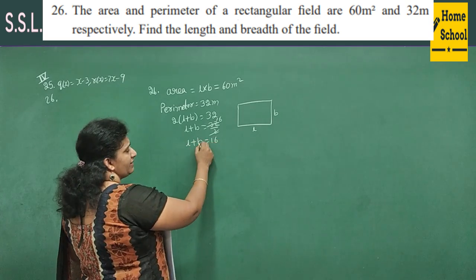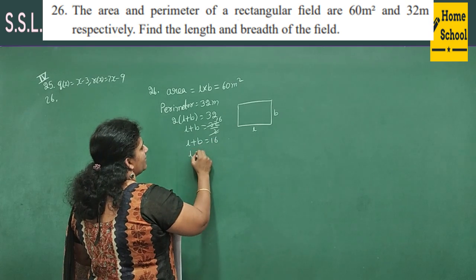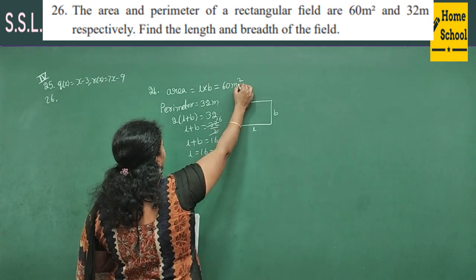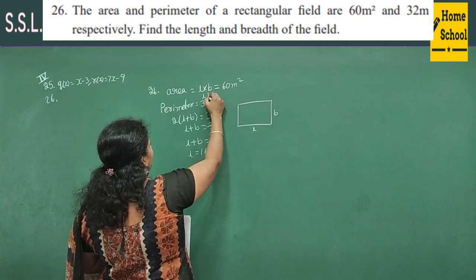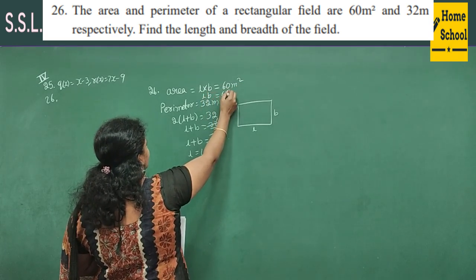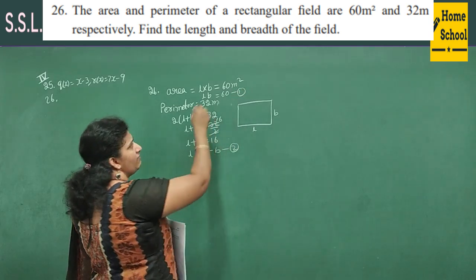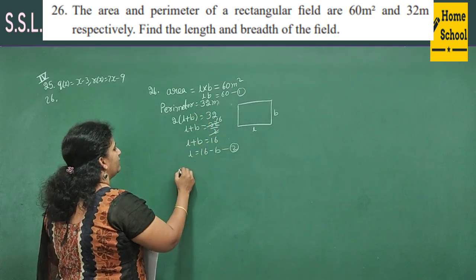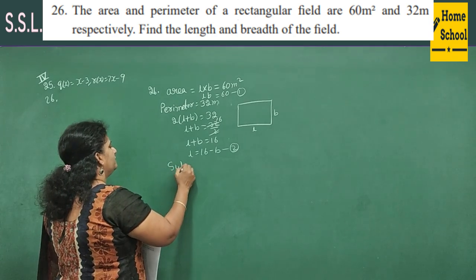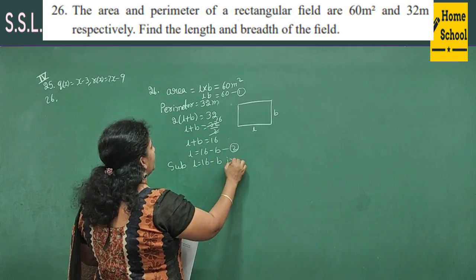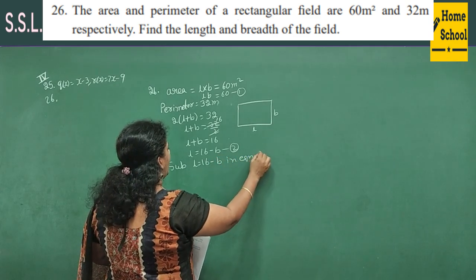If you want, you can transpose B other side. L is equal to 16 minus B. Mark this L into B or LB is equal to 60. Mark this first and mark this second. L value substitute in that. Substituting L is equal to 16 minus B in equation 1.